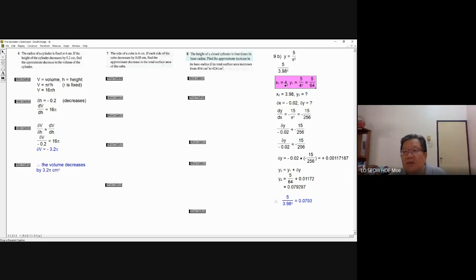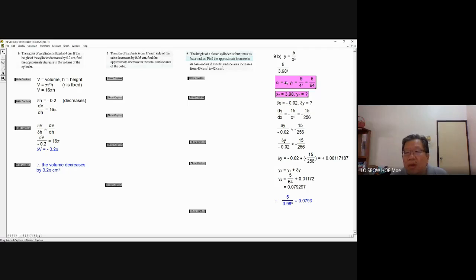Now X1 equals 4, then you have to find what is the Y1. It's very important. You have to find the Y1. Then, of course, the X2 is 3.98. And what is the Y2? Don't know. But don't use the calculator to find. Right.